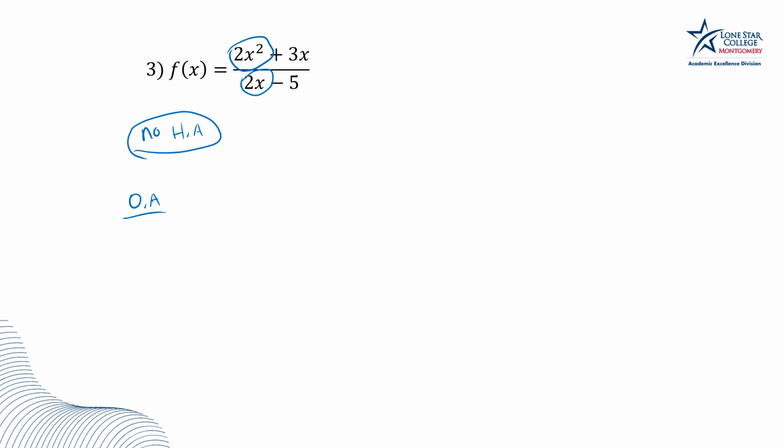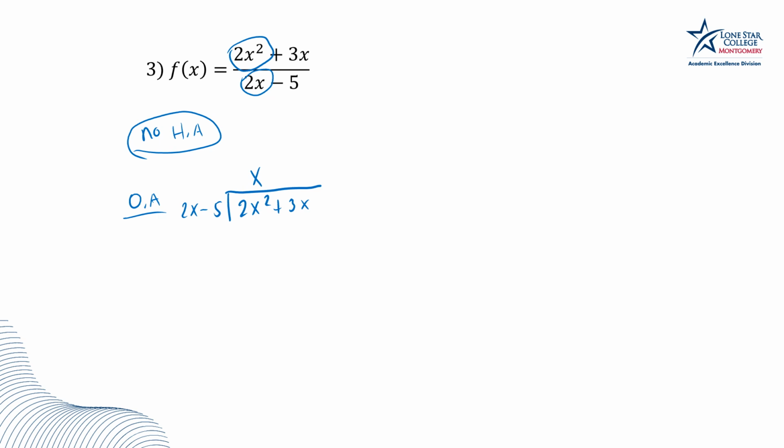In long division, we put our 2x squared plus 3x on the inside of our division, and the 2x minus 5 on the outside. To divide, we find out how many 2x's can fit into 2x squared. That would just be x.